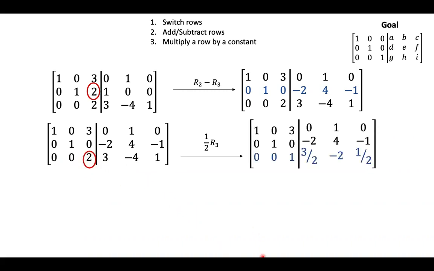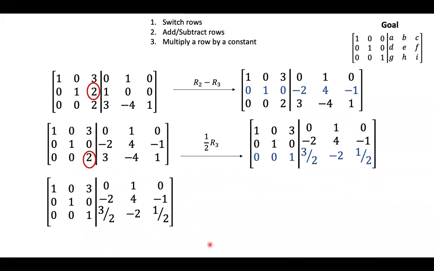So 1/2 times 0 will give me 0. 1/2 times 0 will give me 0. 1/2 times 2 will give me 1. 1/2 times 3 will give me 3/2. 1/2 times negative 4 will give me negative 2. And 1/2 times 1 will give me 1/2. And you're welcome to do this with decimals. I just prefer fractions.